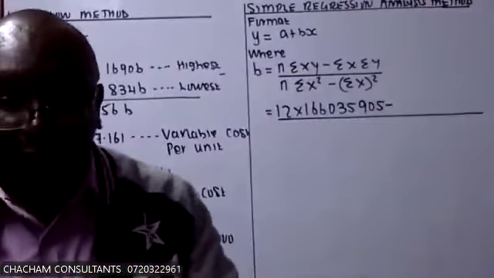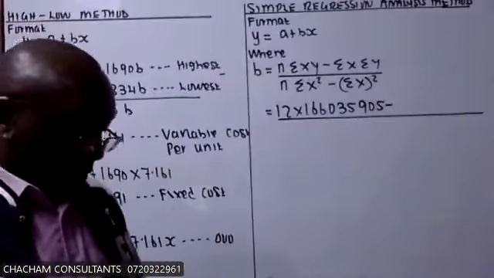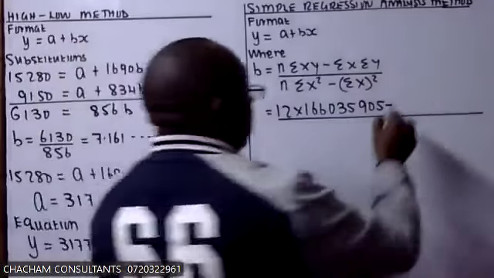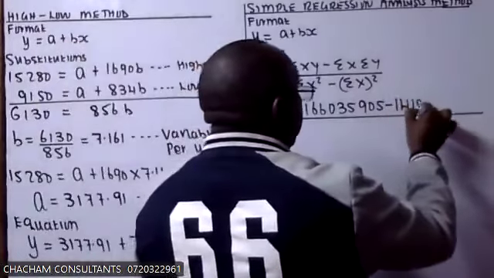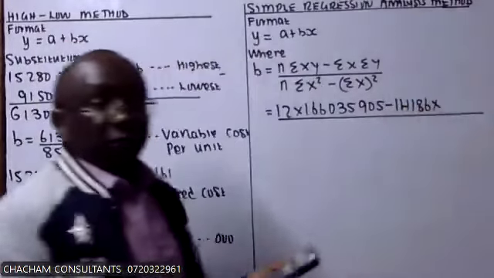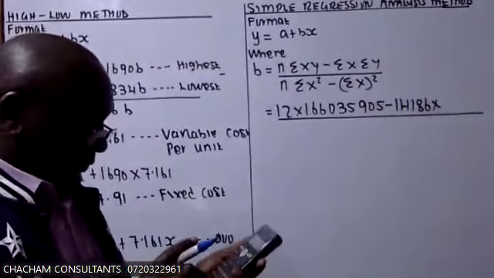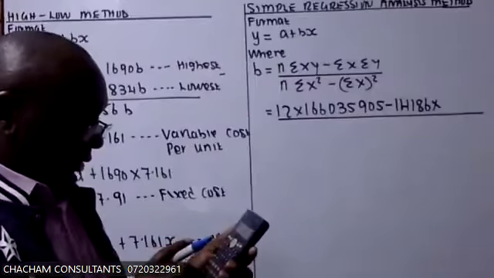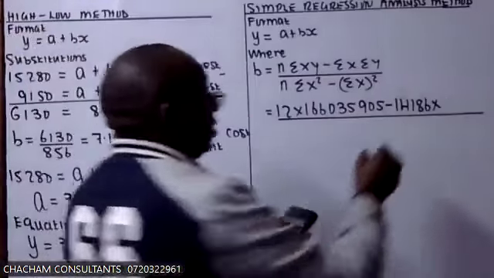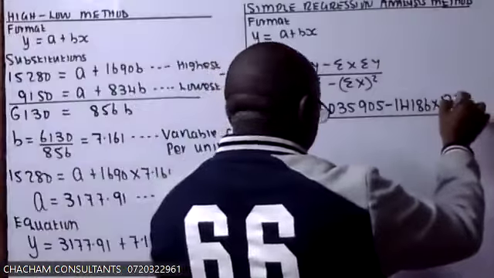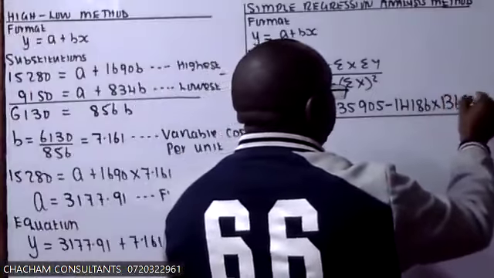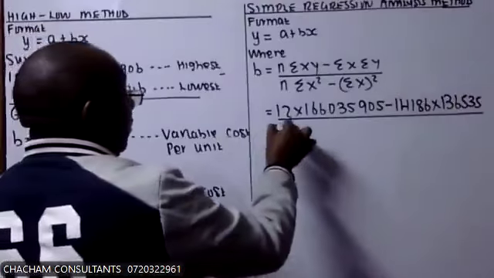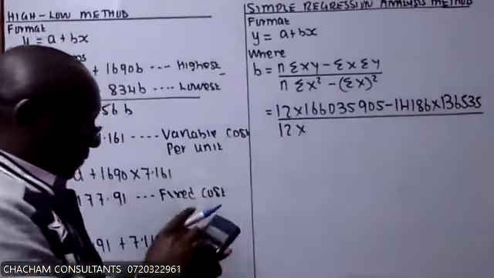Sum of x, if you get the sum of x, it is 14,186. I have put mine in the calculator, so this one must be very accurate. Sum of xy is 136,535. So this is 12 times that. Just copy, you will confirm.